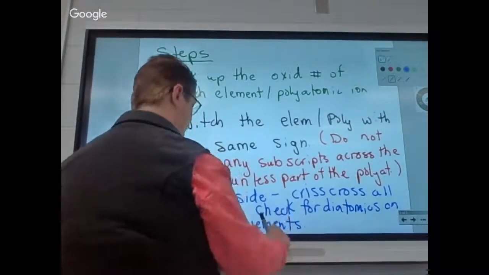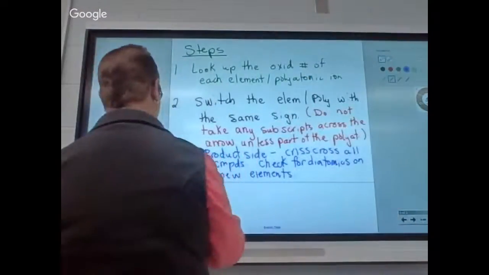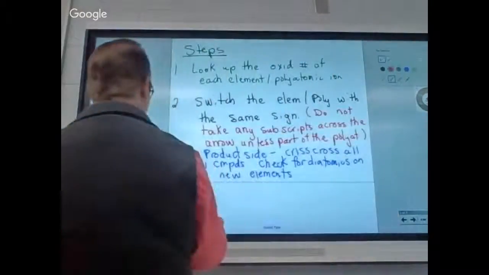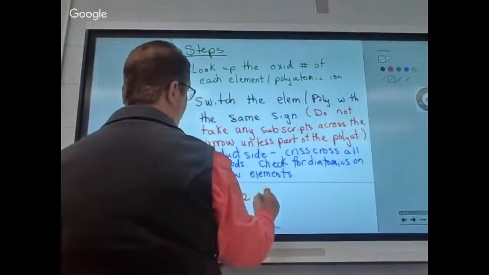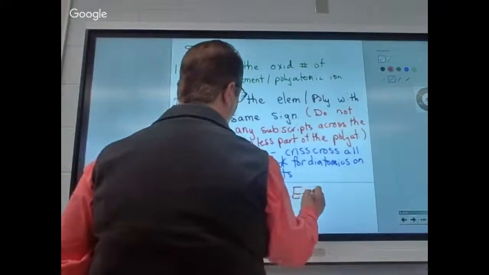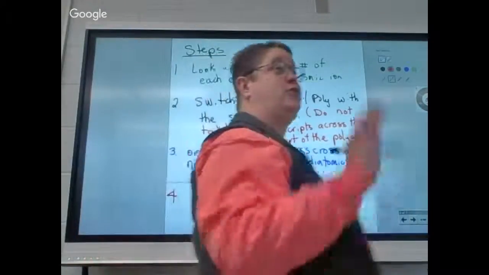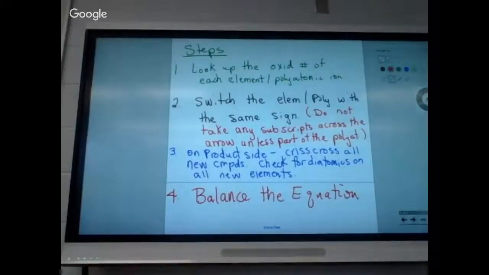Okay. Let me extend. Step number 4. I wasn't going to put a step 4. Balance the equation. Because I was going to assume that was understood, but since that's clearly not understood, let me write number 4.